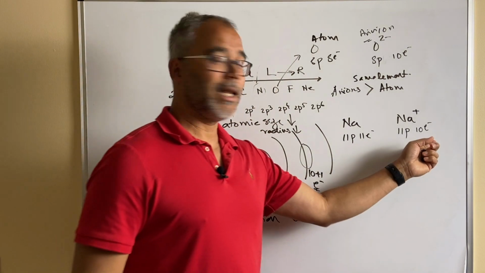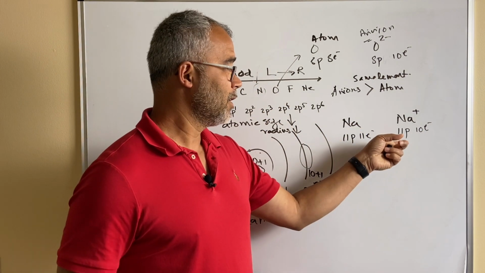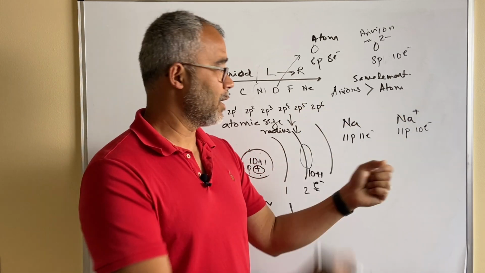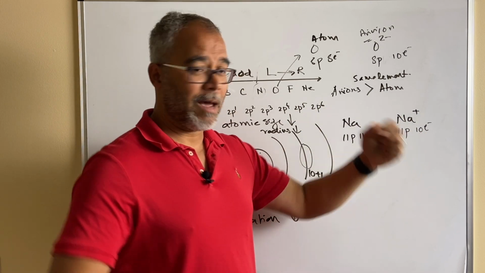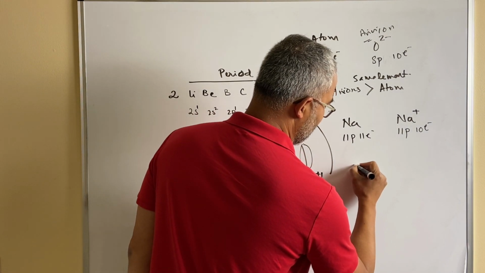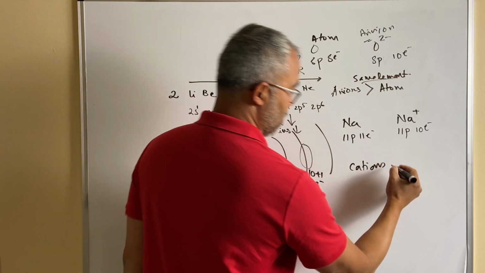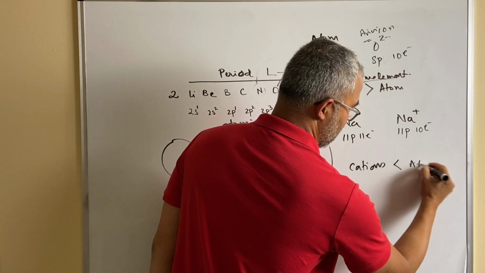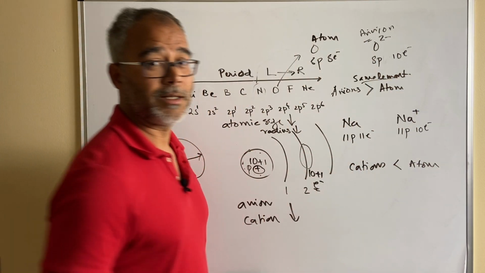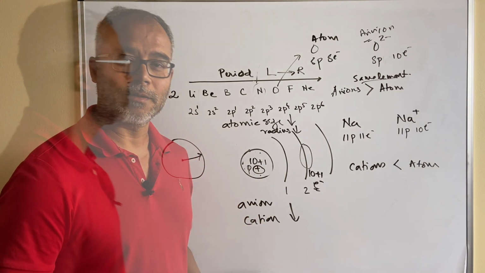With fewer electrons, these electrons are going to experience a greater amount of positive charge from the nucleus, so it's going to shrink more. Therefore, cations of the same element are smaller than the atom of the same element. It's important to understand these trends.